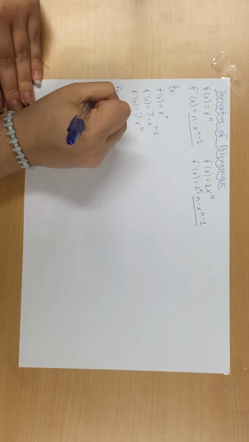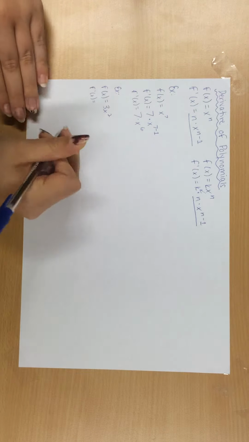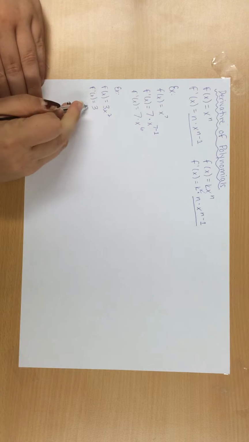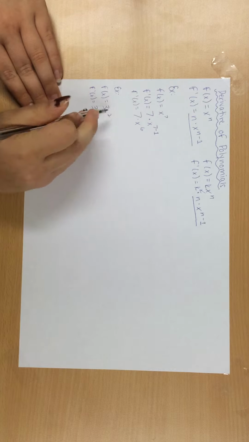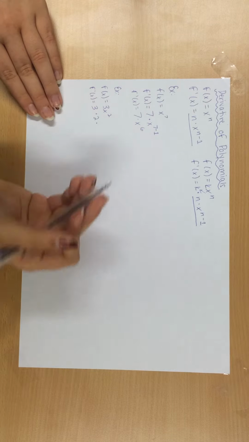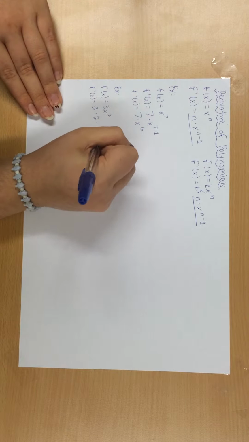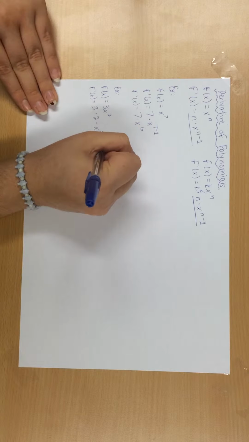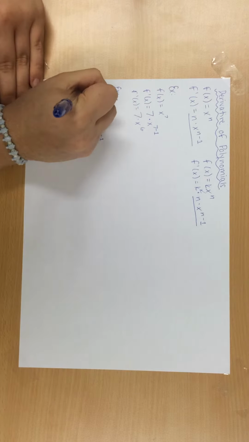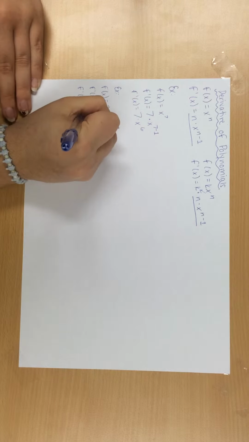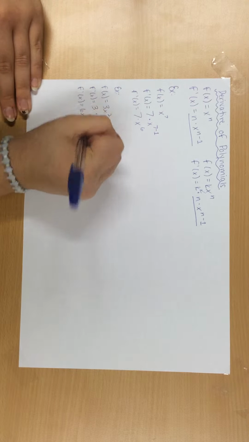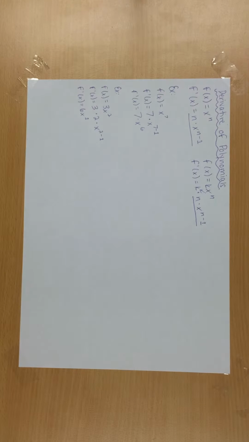So f prime of x is equal to 3, which is our k, times 2, our n for this problem, right there, times x to the power of 2 minus 1. So finally, when everything simplifies out, you will get 6x to the power of 1. And that is pretty simple. I think it's definitely very straightforward.